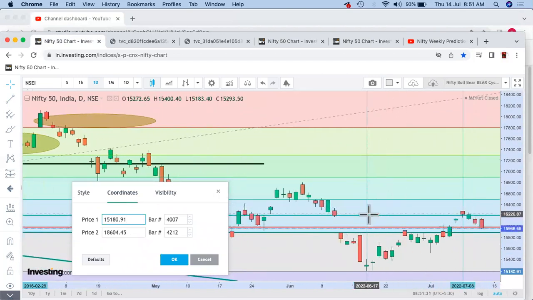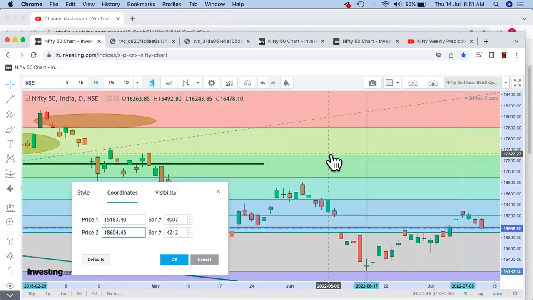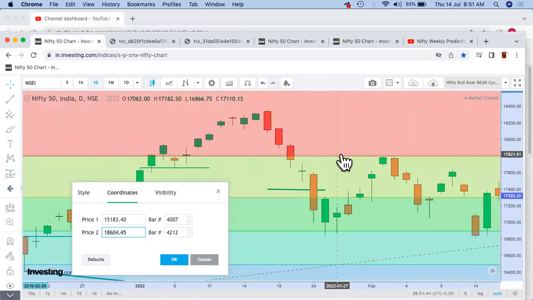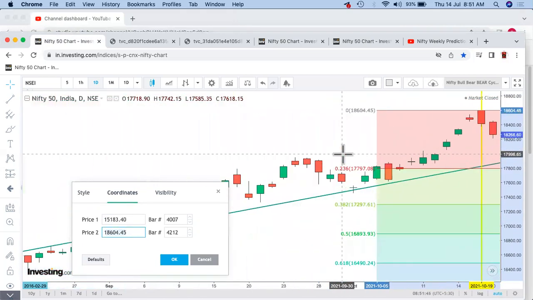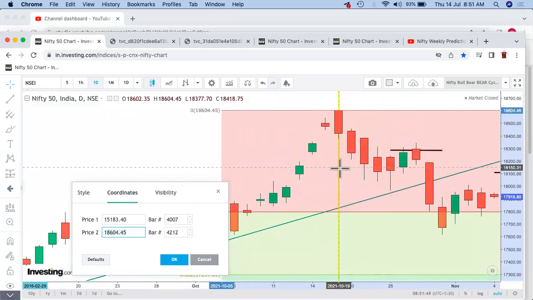My bottom has been 183.4, so we have got it to the point, and this is 18604.45. If you ask me even in sleep, I'll be able to tell you that number now, 18604.45, and the date 19th of October.